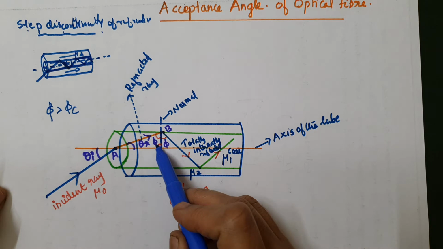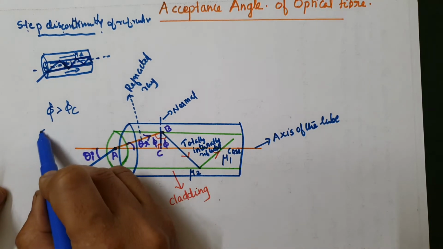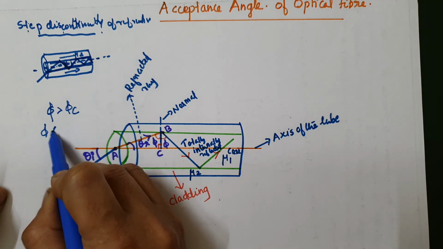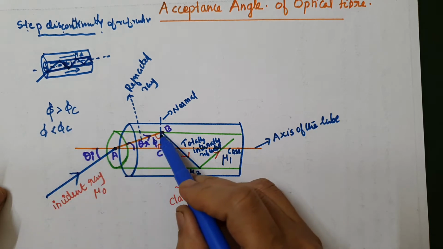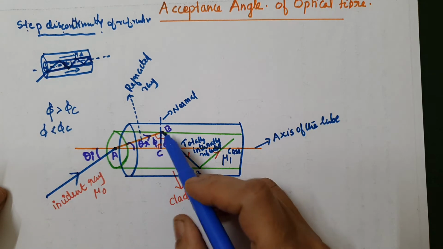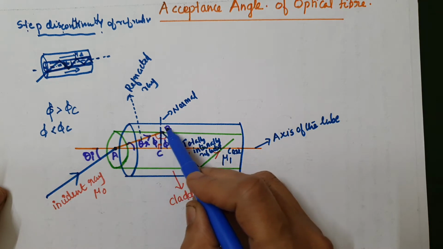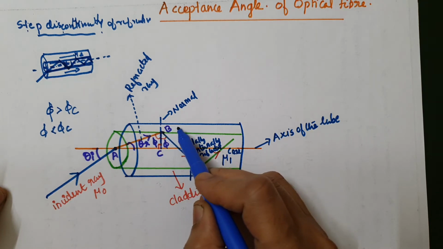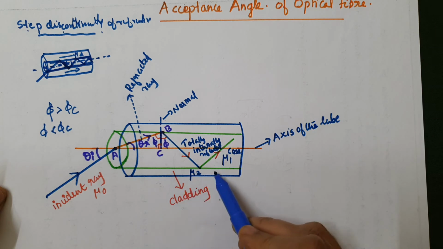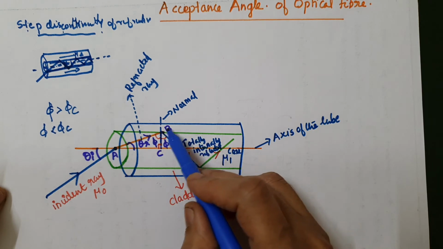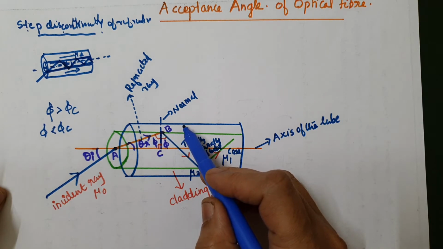And if this angle phi is less than the critical angle phi c, then the ray will go to the cladding region and the signal will be lost.